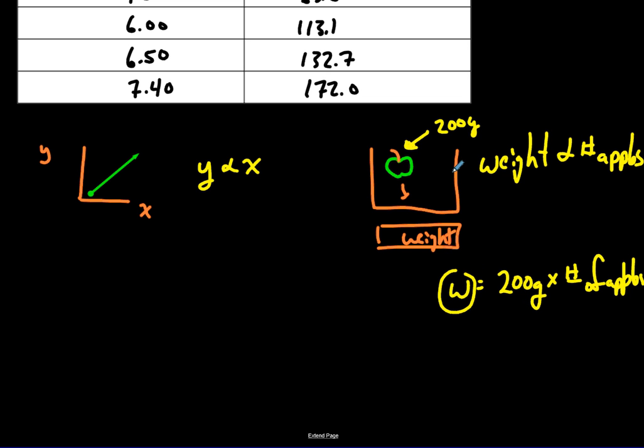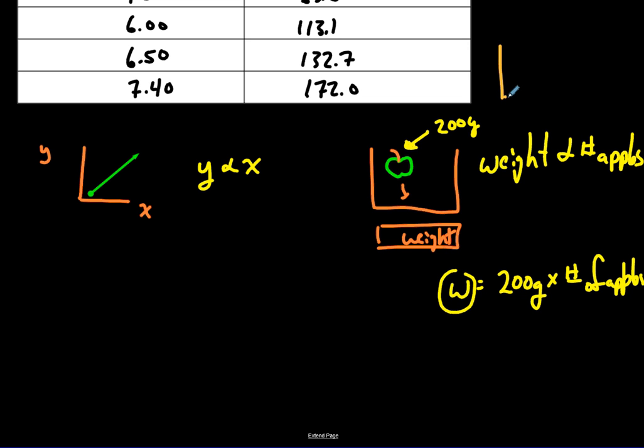This is not that. This is a proportionality that says generally, as I increase the number of apples, the weight will increase. This is a truth. It's not an equivalency. It's a proportionality. It's different. Anything that has this relationship is saying y is proportional to x. If you have a straight line, y is proportional to x.